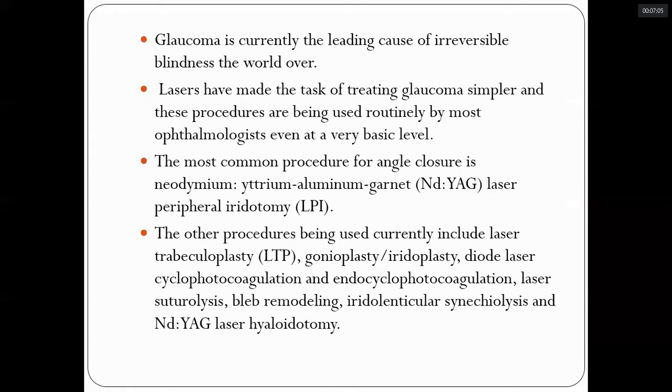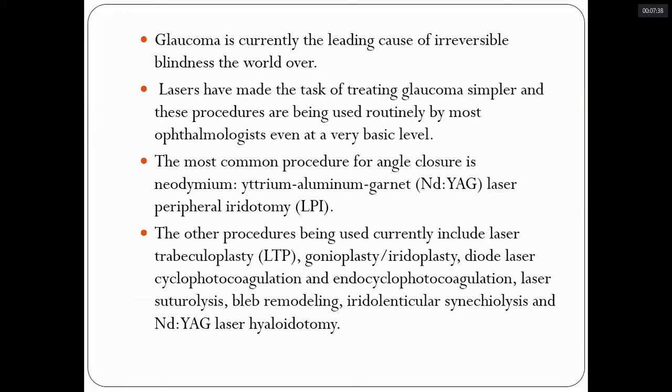And other procedures we currently include are laser trabeculoplasty, which we use for open angle glaucoma, whereas Nd:YAG laser PI we use for angle closure glaucoma. Then gonioplasty, iridoplasty, diode laser cyclophotocoagulation, and endophotocoagulation. These are the different methods, used for end stage glaucoma in cyclophotocoagulation, just to destroy the ciliary process where other methods fail.